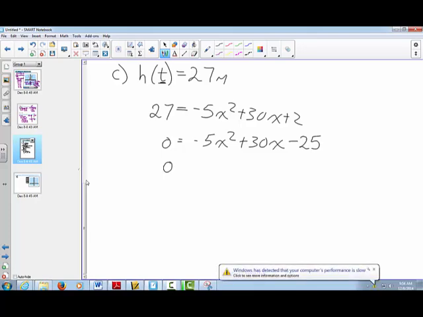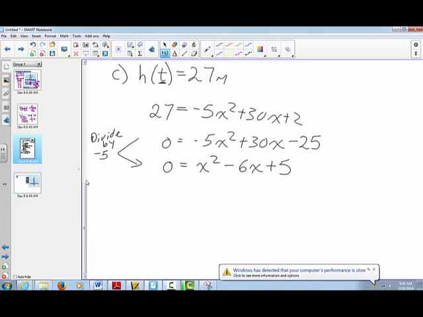So 0 equals x squared minus 6x plus 5. From here to here, divide by negative 5. So, why would I do that?